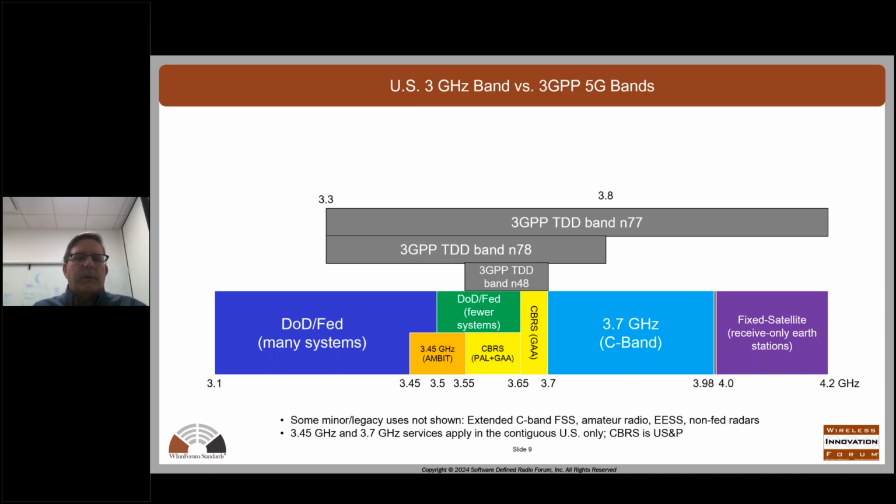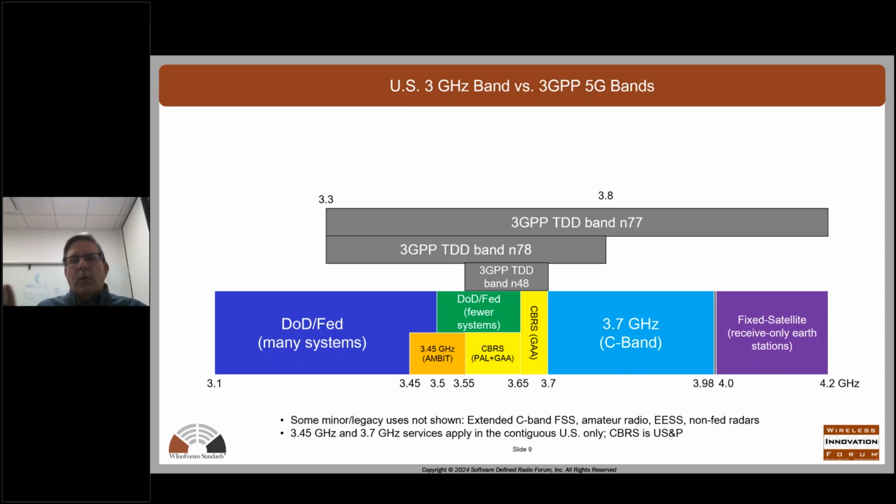There's also globally a 3GPP band N78, which goes from also 3.3 at the lower end to 3.8 at the upper end. And then finally, before either of those two bands were defined, there's 3GPP band N48, which is essentially the CBRS band, which has rules specific to CBRS.